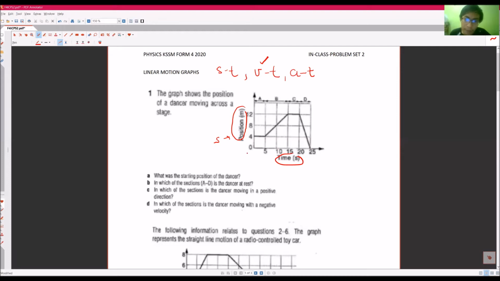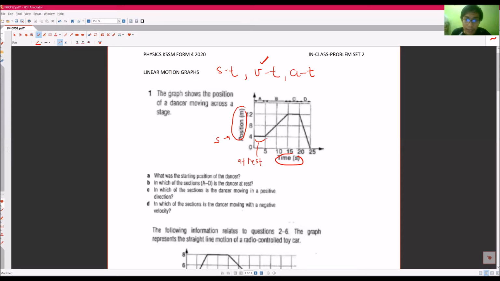For the first 5 seconds, it seems that the dancer doesn't change its position. That means it's at rest. During this entire time period, the dancer is at rest because it doesn't change its position, thus doesn't change its displacement.